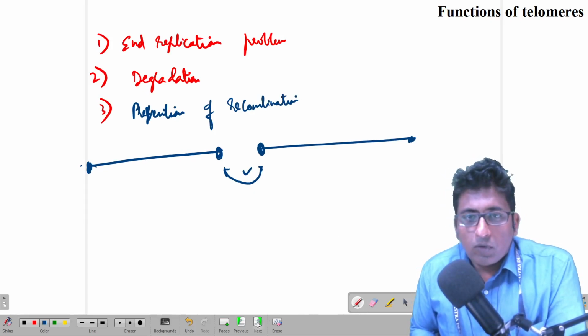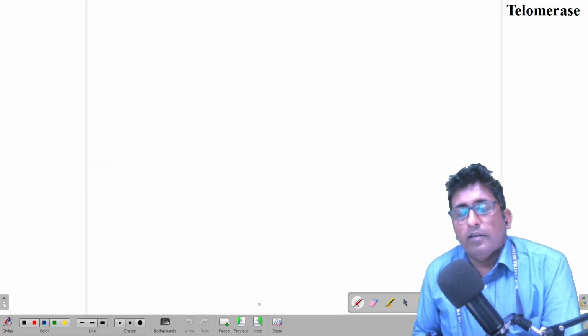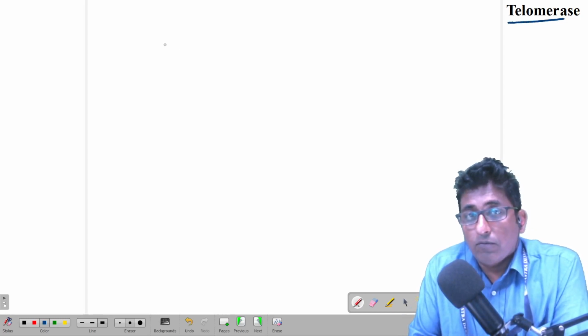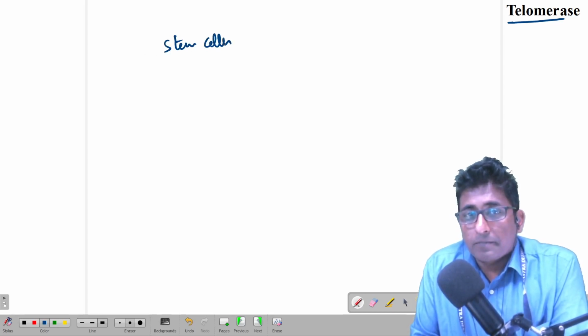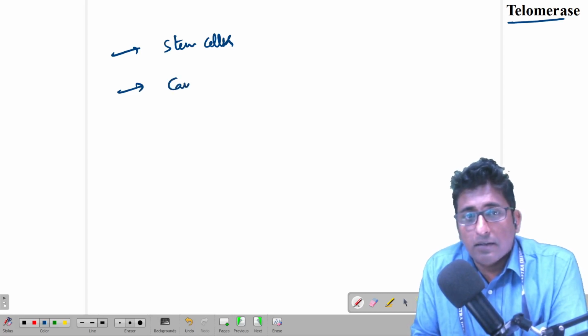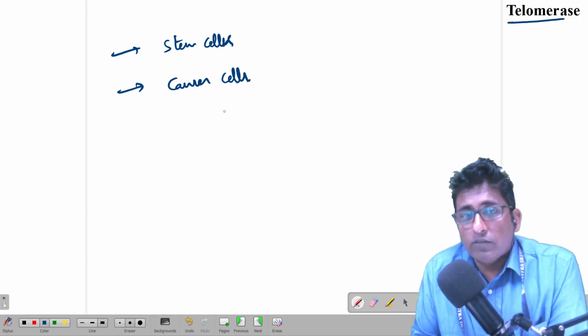Yes, and what we need to also understand in this context is that telomerase, if we see the expression, is highly expressed in stem cells, even embryonic stem cells mostly, and it is also interestingly expressed highly in cancer cells. The cancer cells, they do divide continuously.